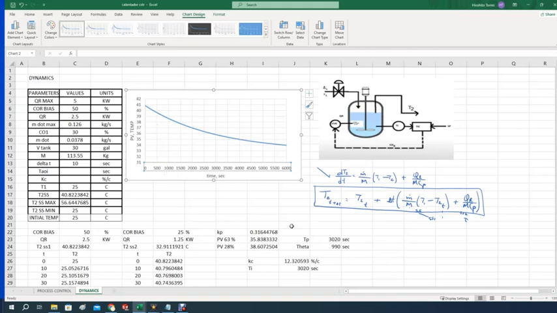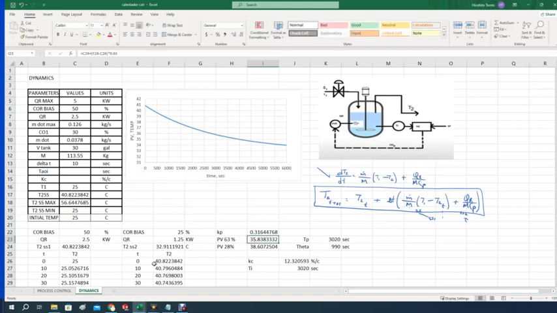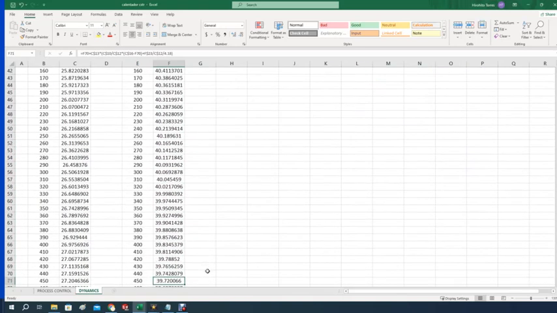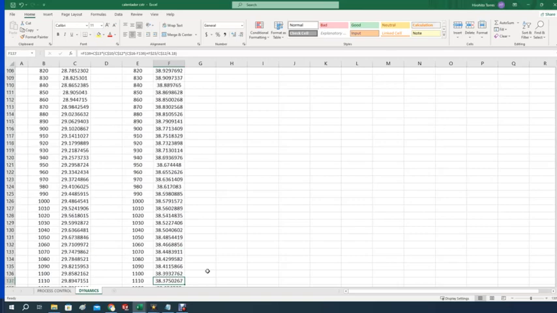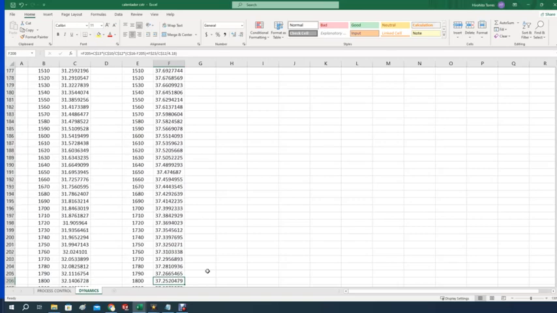Now let's verify this number. So it's as easy as that. We are looking for 35.8 for the first one. So we go here. 35.8.